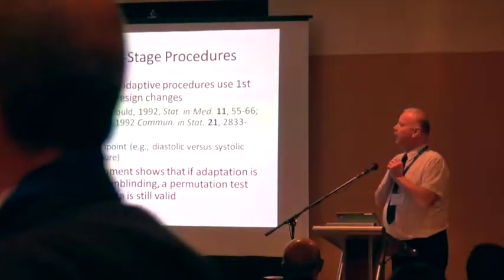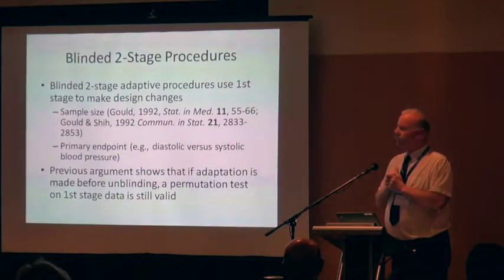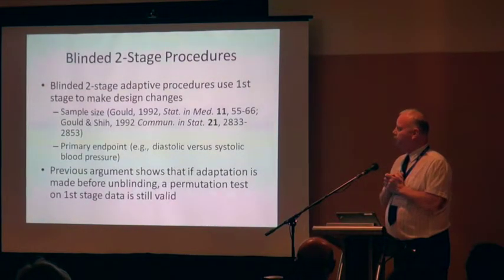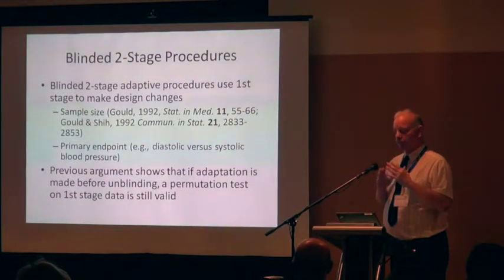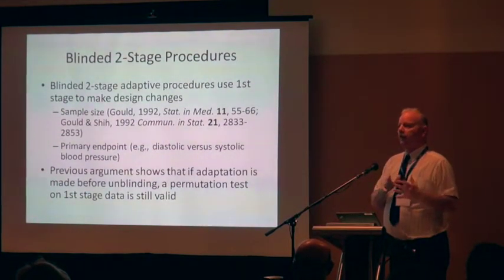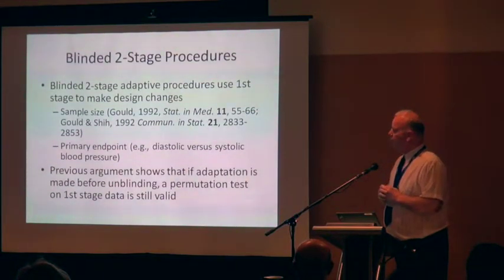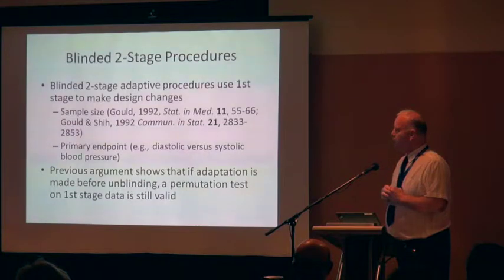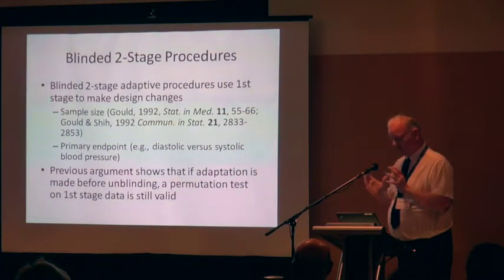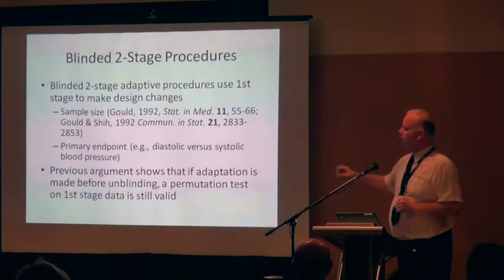All right, so let's talk a little bit about blinded 2-stage adaptive procedures, because I'm going to tie these together in a little bit. These are procedures where you have 2 stages. In the first stage, you are allowed to look at the data and make some design change based on the blinded data, so you're not seeing the treatment labels.